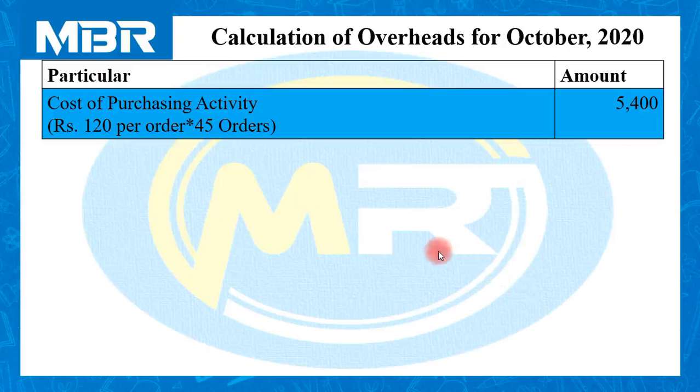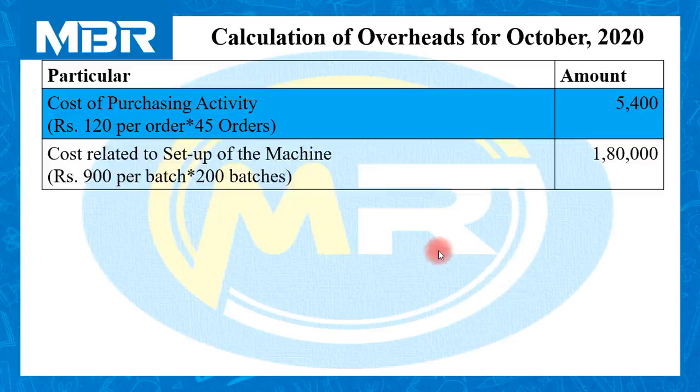Let us enter the overhead related to setup of the machine. As per the calculation, the cost per batch is rupees 900, and we need 200 batches during the month of October 2020.